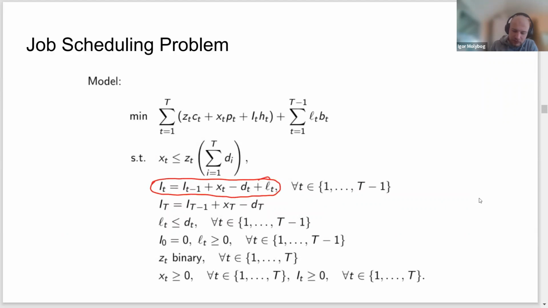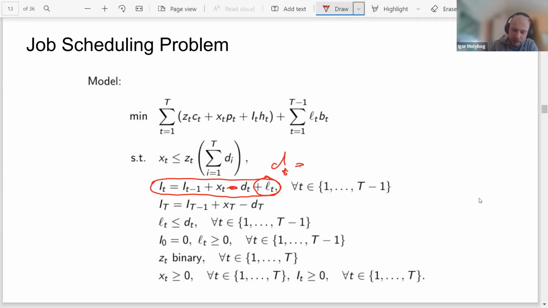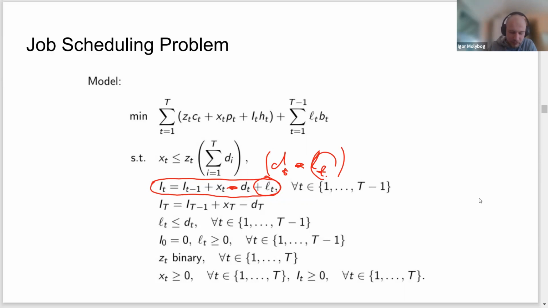You can see that there is this term being added because we did not satisfy part of the demand. We are subtracting a demand of DT minus LT, because now we are not satisfying a part of the demand, and this is our new demand that we have decided to satisfy. We modify only the balance equations for the time periods that are not terminal, except for the last time step.